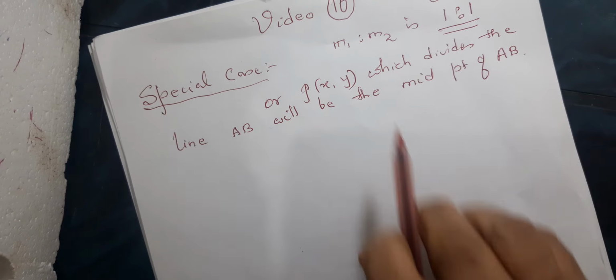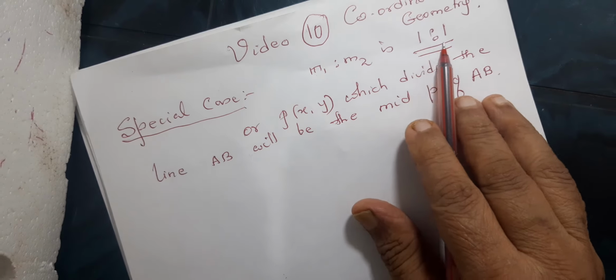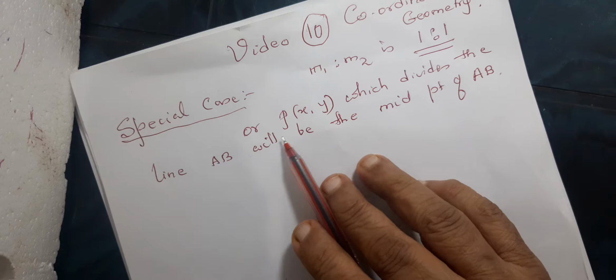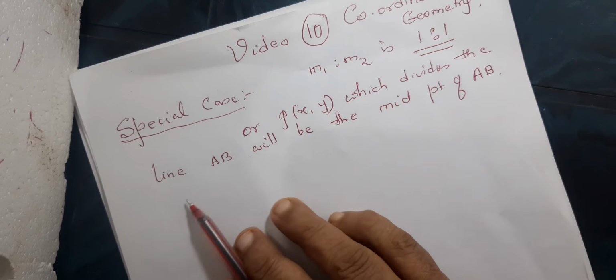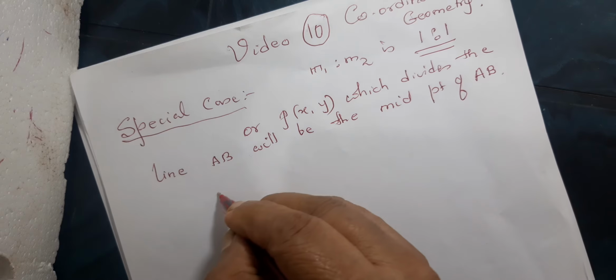So m1 is to m2 will be 1 is to 1, or P of xy which divides the line AB will be the midpoint of AB.